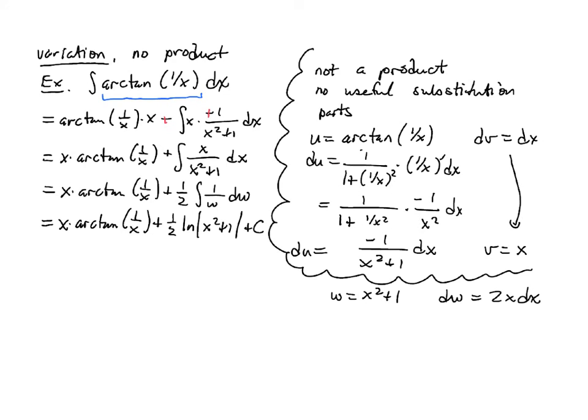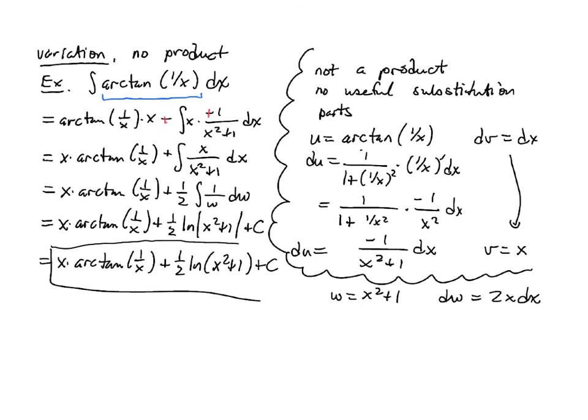And because x squared plus 1 is always positive, we can drop the absolute values. In order to get the final answer here.